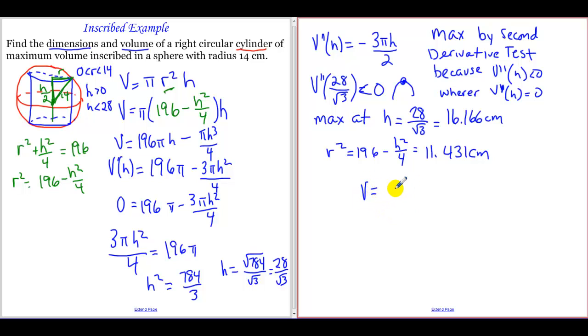And then I plug into my volume equation r squared and h, and when I plugged that in, I got a volume of 6,636.166 centimeters cubed. And again, make sure that you are rounding to 3 decimal places.